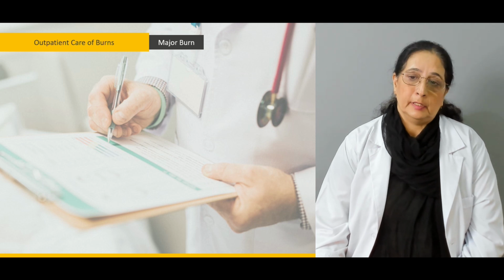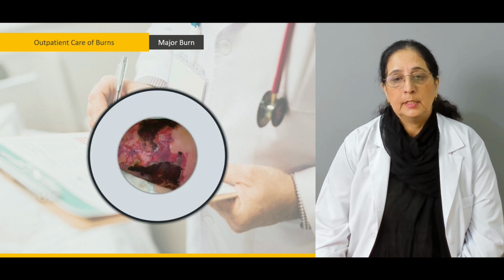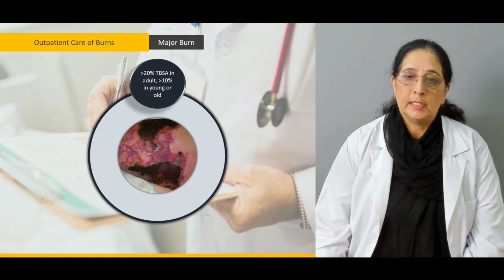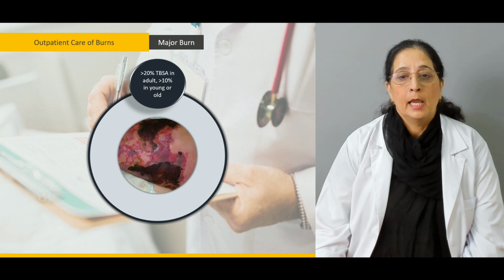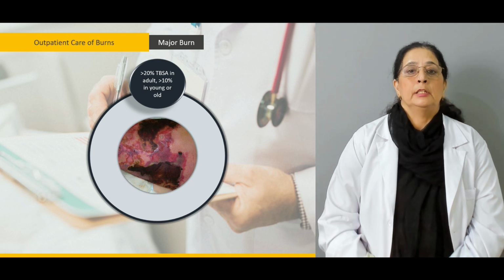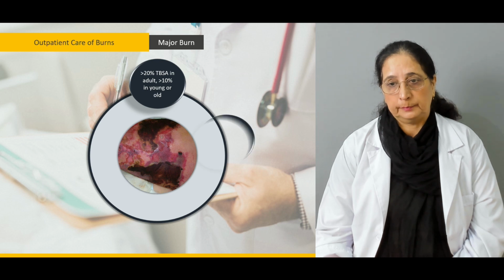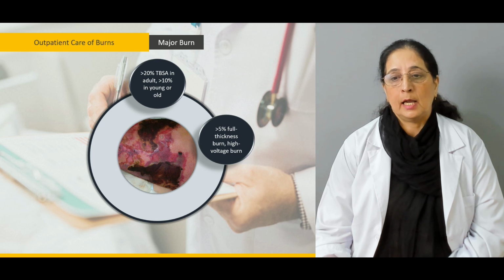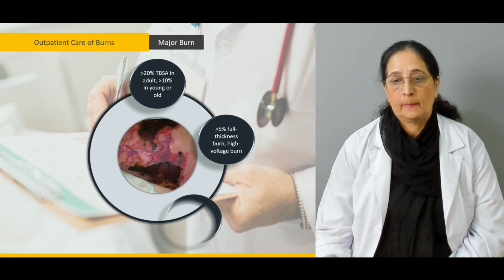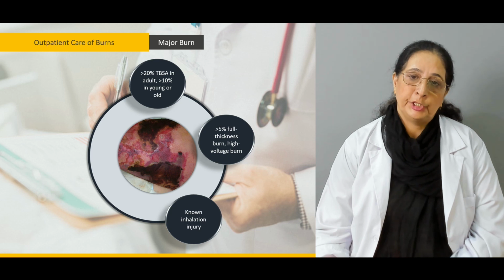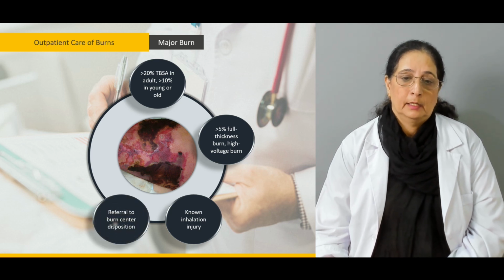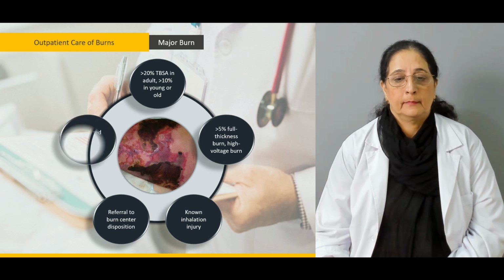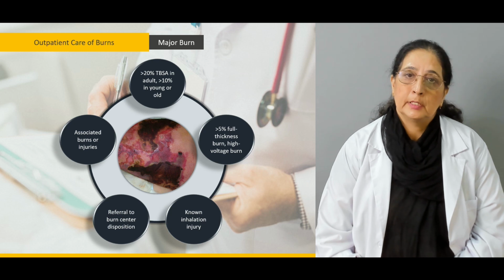Then the major burn. Major burns are burns that have more than 20% of the body surface area in adults and more than 10% in the old and young age group. More than 5% full thickness burn, high voltage burn, and inhalation injury, referral to burn center disposition, and associated burns or injury.